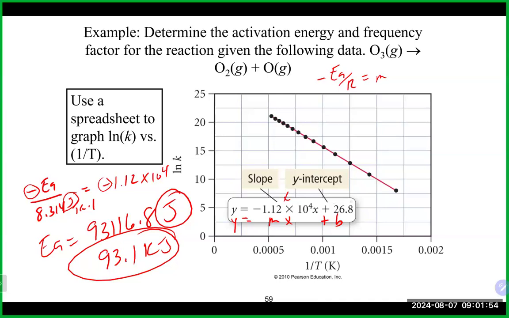We could use the y-intercept here as well to figure out the frequency factor. Again, the natural log of A is equal to the y-intercept, so we could plug the numbers in as well. So that's a very common graphical approach when you're doing kinetics, to use the Arrhenius equation to figure out things like activation energy or frequency factor.